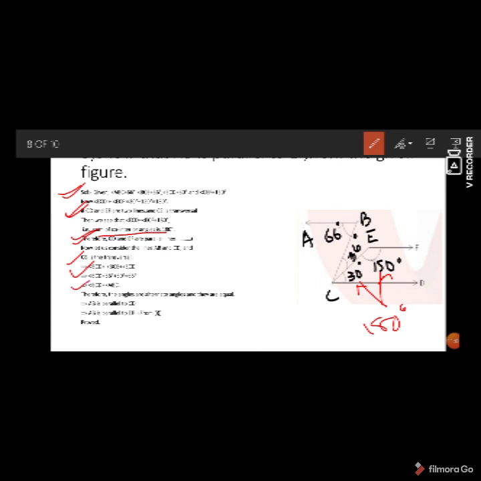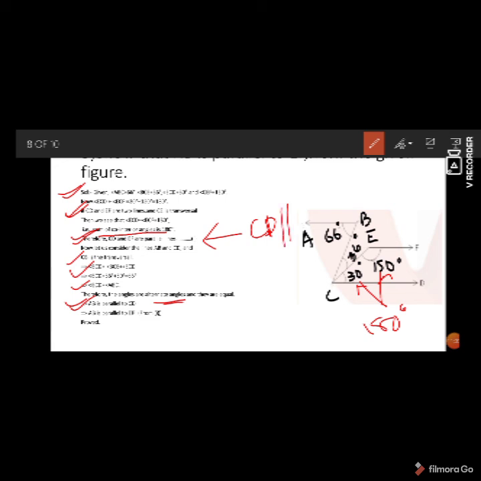So angle BCD and angle ABC are equal. These are alternate angles and they are equal. So whenever the alternate angles are equal, we can say the lines AB and CD are parallel and CB is the transversal.